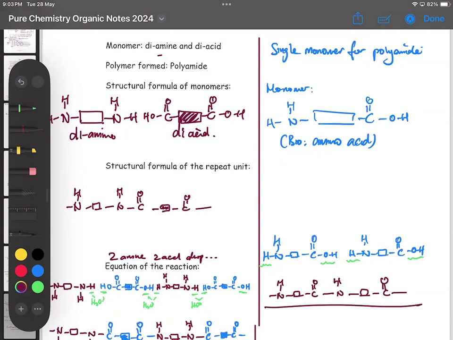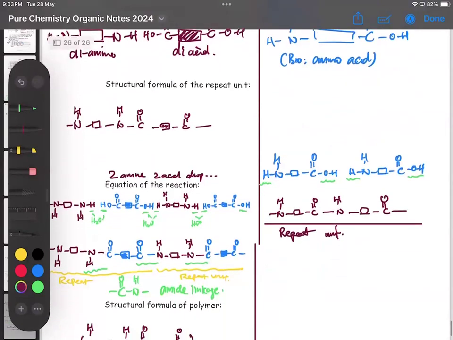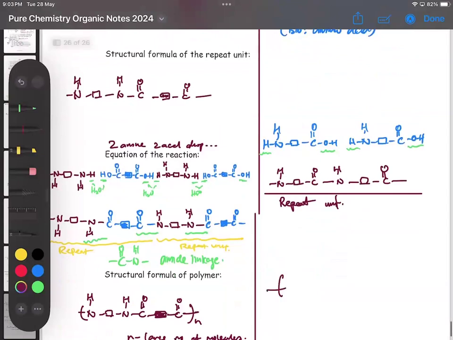So this thing here is also our repeat unit. And for the polymer, it's something like this.